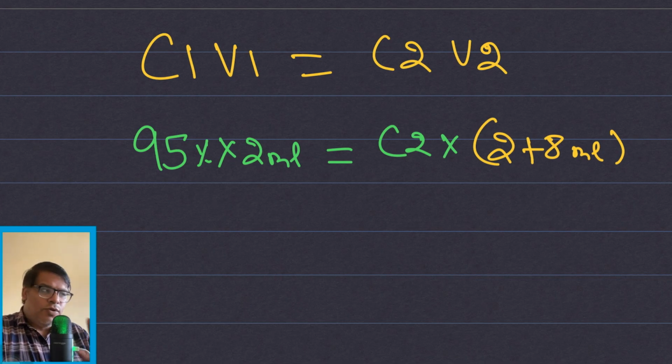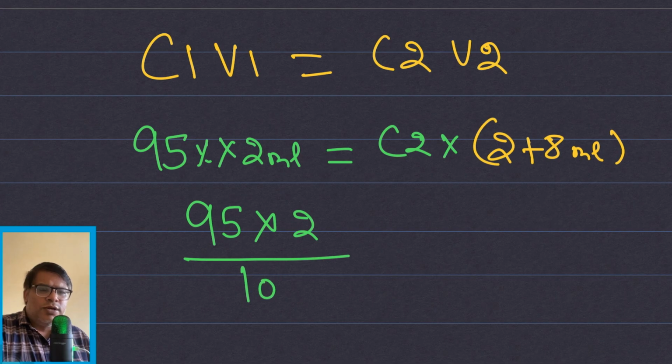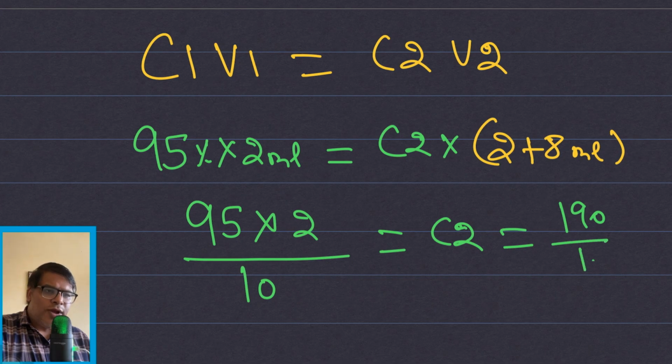So if you put in all these values, it is quite easy. 95 into 2 divided by 10 will give you the value of C2. So if you solve this, you will get the final concentration. It is 190 divided by 10, it will come out 19%.